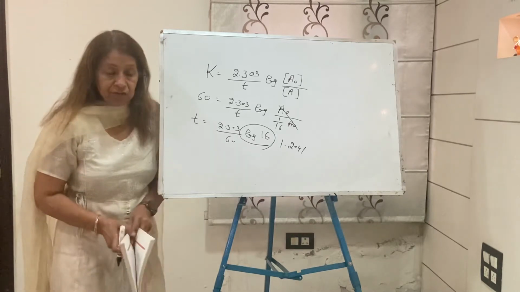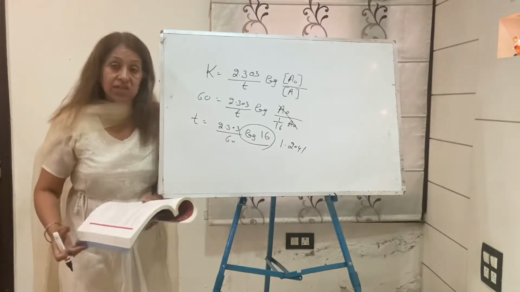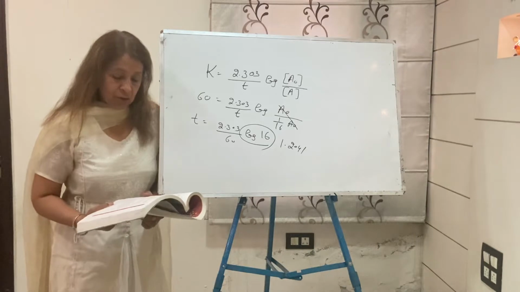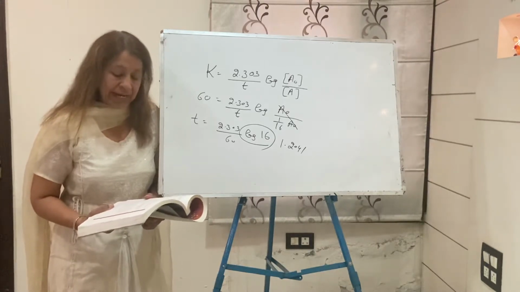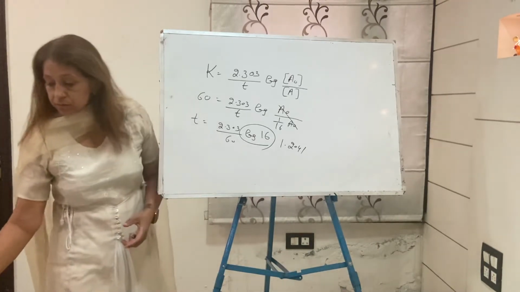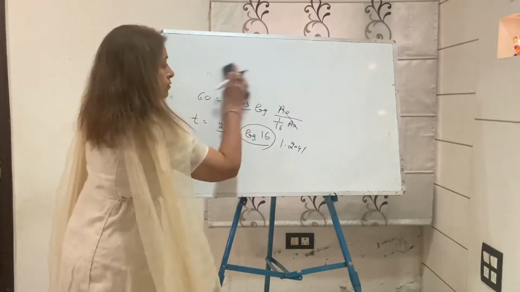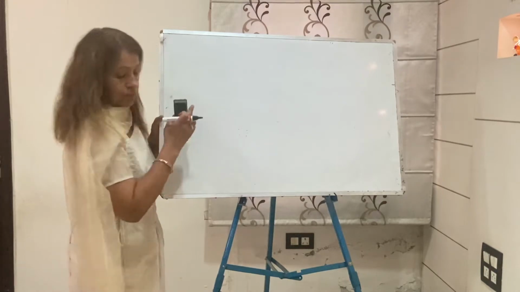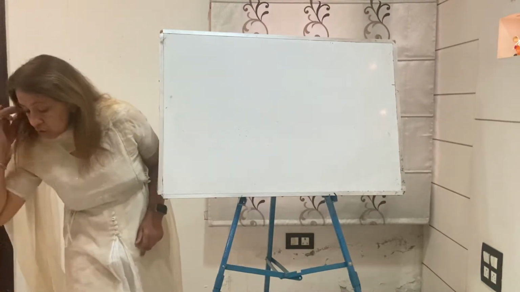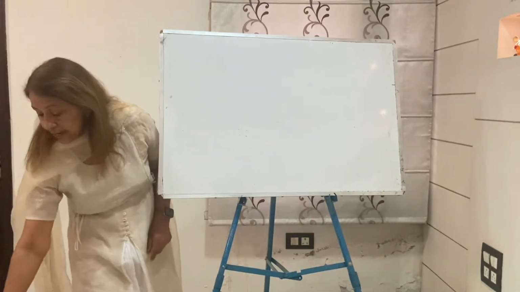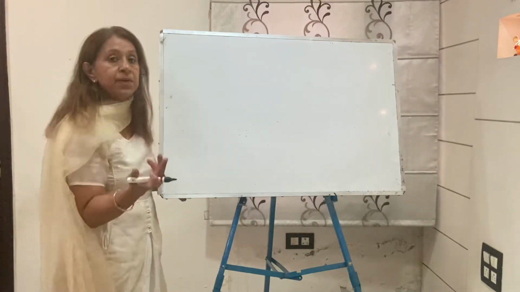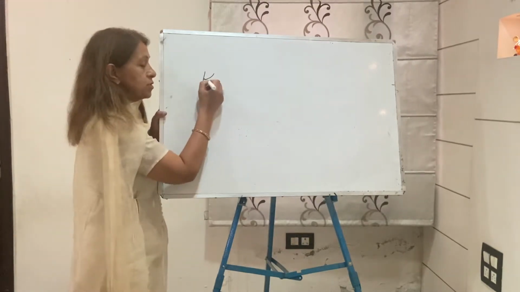Now this was numerical number 16, and now I am taking numerical number 19. The numerical is: if a first order reaction takes 40 minutes for 30% decomposition, calculate the rate constant first.